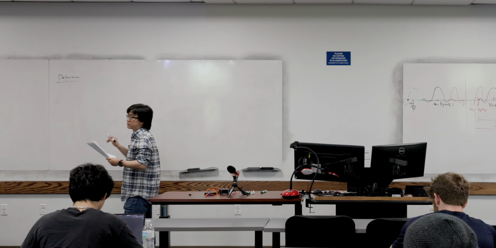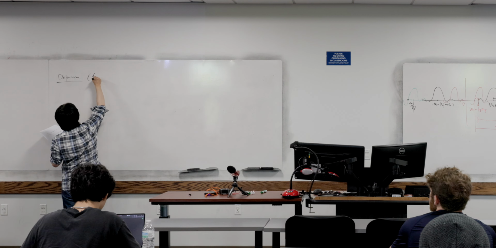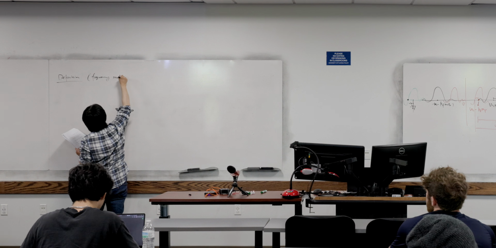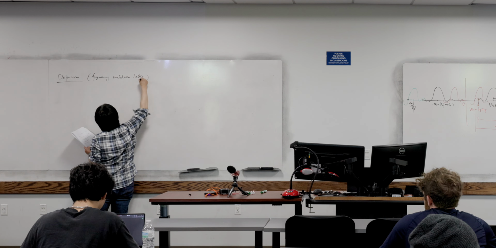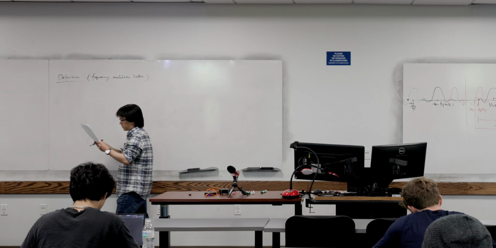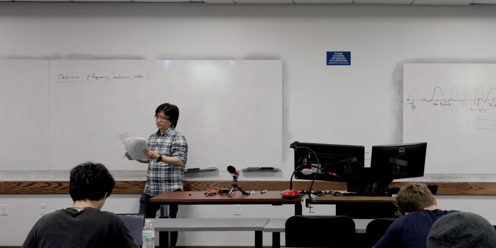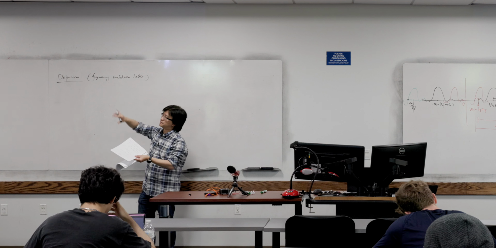But here we have something very similar. So we have the frequency modulation index. Basically, this frequency modulation index is measured between delta F and the bandwidth of the signal, right?